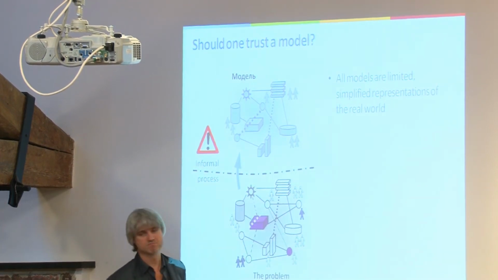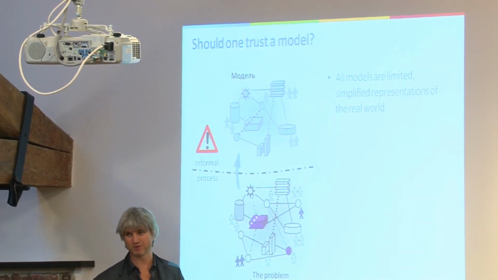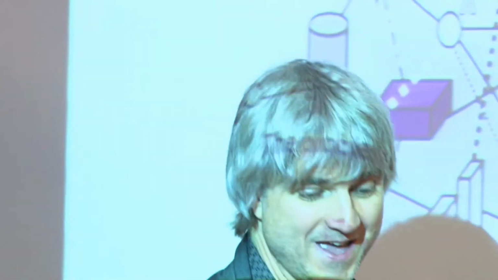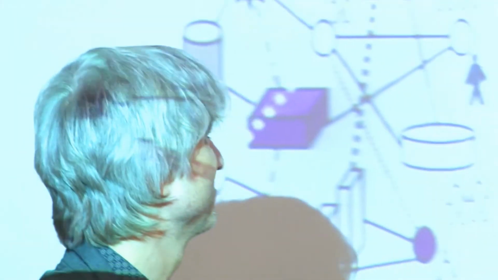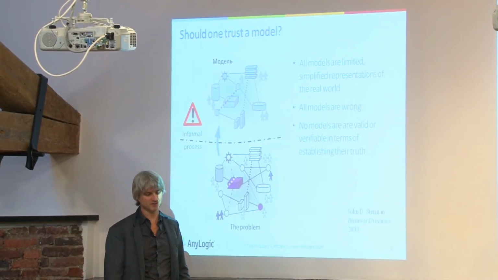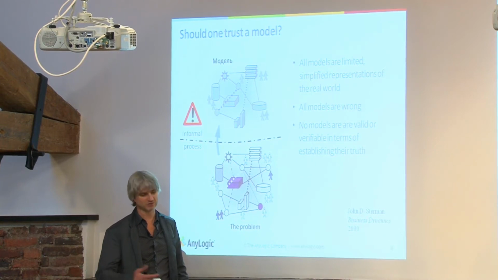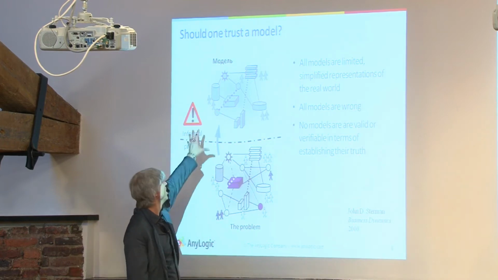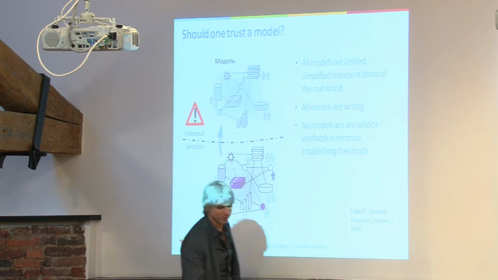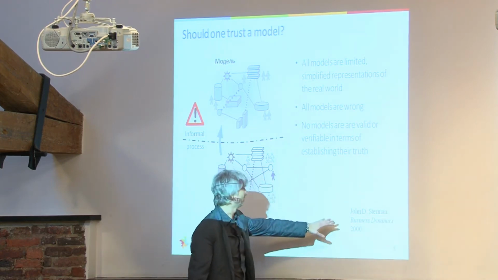Therefore, all models are nothing but limited representations of reality. And therefore, it's a well-known sentence: all models are wrong. When talking about validation or verification of the model, in a way, all these things do not make sense, as this is already a wrong, simplified thing.